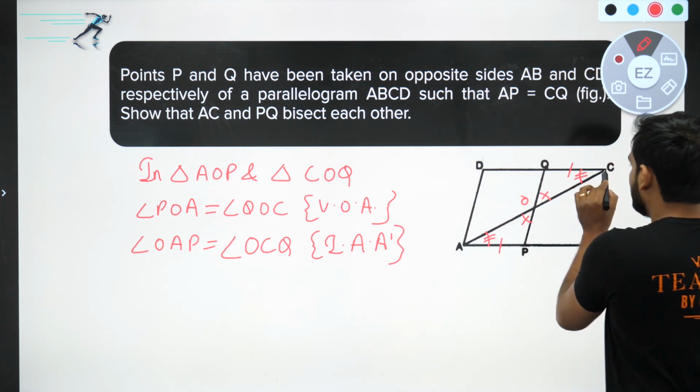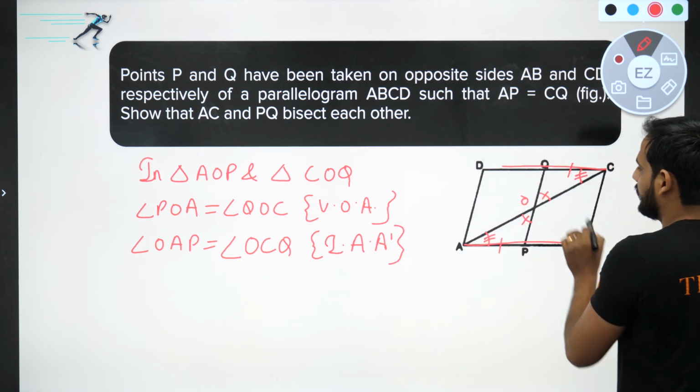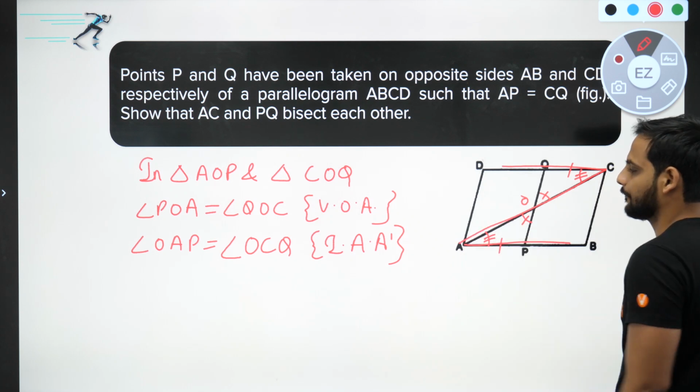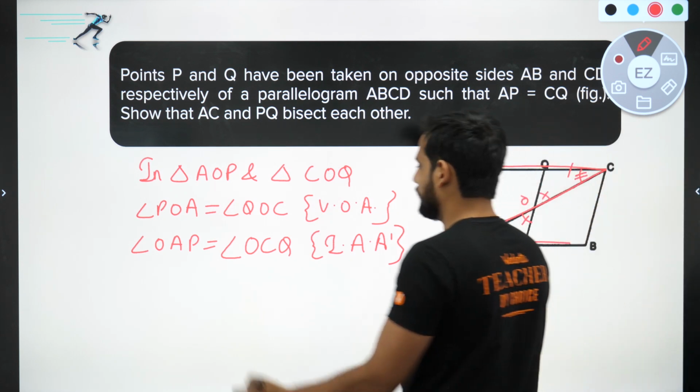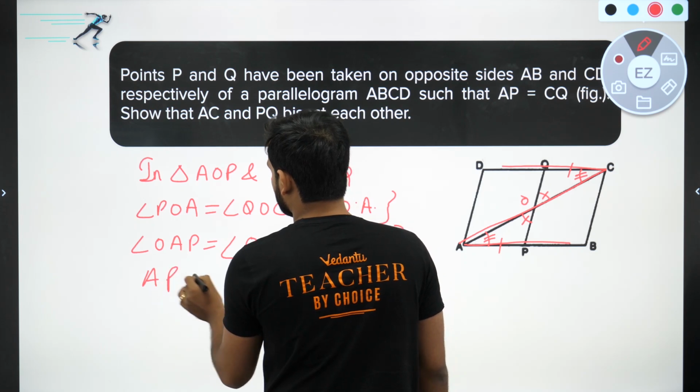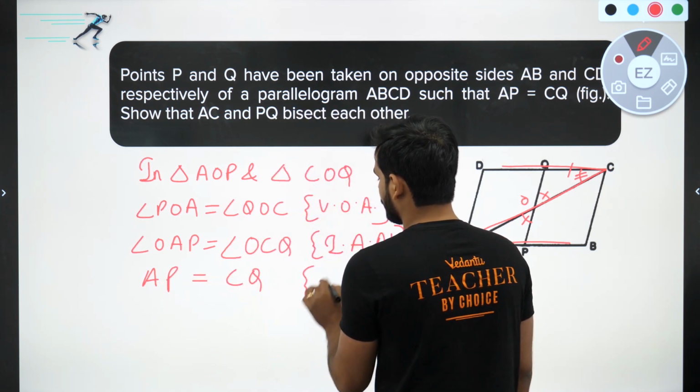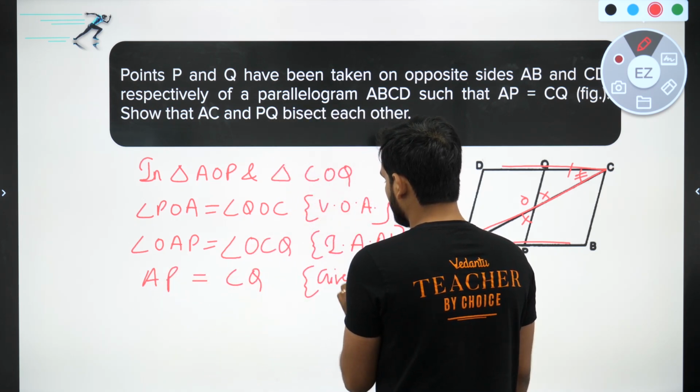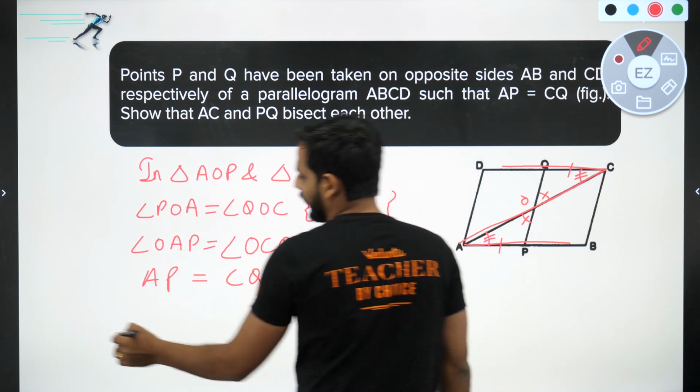Why? Because if it is a parallelogram, these two lines will be parallel, so this is a transversal line here, right? And the third thing is already given, which is AP is equal to CQ.